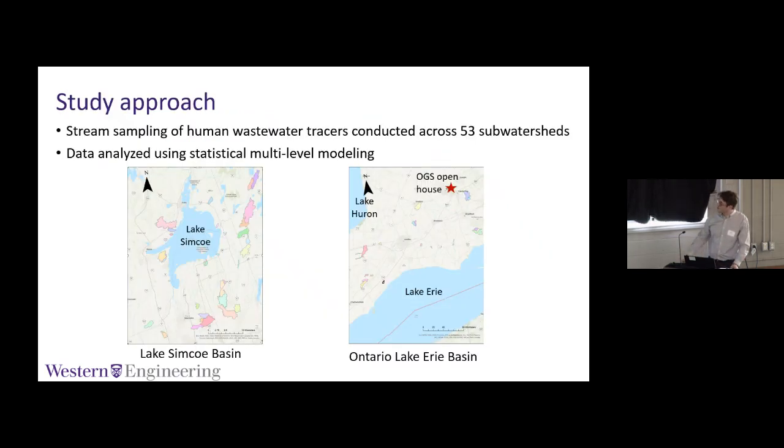For our study approach, we have in total 53 sub-watersheds across the Ontario Lake Erie and Lake Simcoe Basin, as shown here. These represent sites of varying physical and socioeconomic conditions across our central and southwestern Ontario region. We then analyze these samples with various statistical methods.